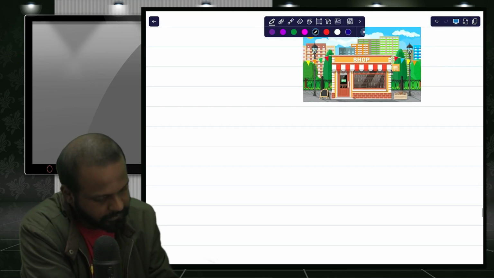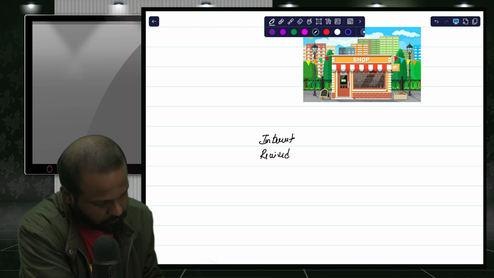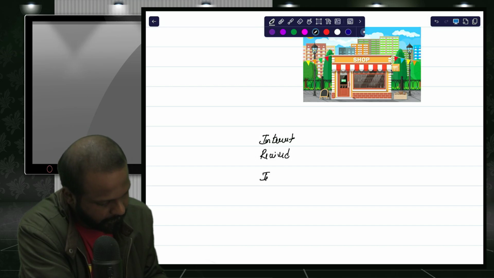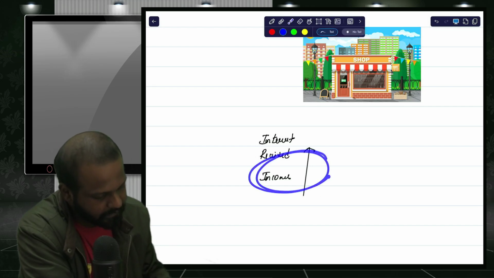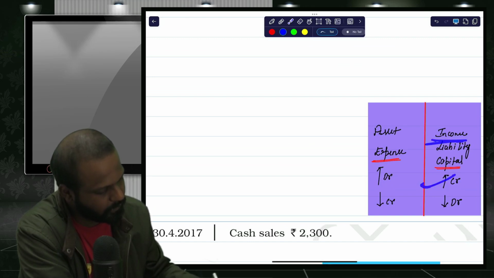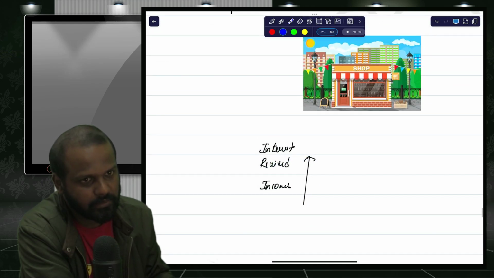So interest received is an income for you. So first you create an income called interest received. Creating means increasing. So to increase an income, to create an income, we do credit.